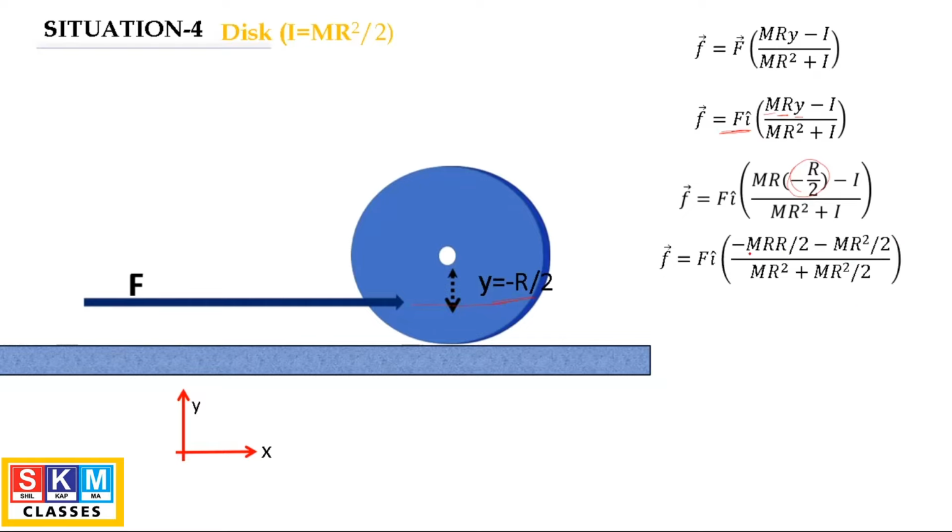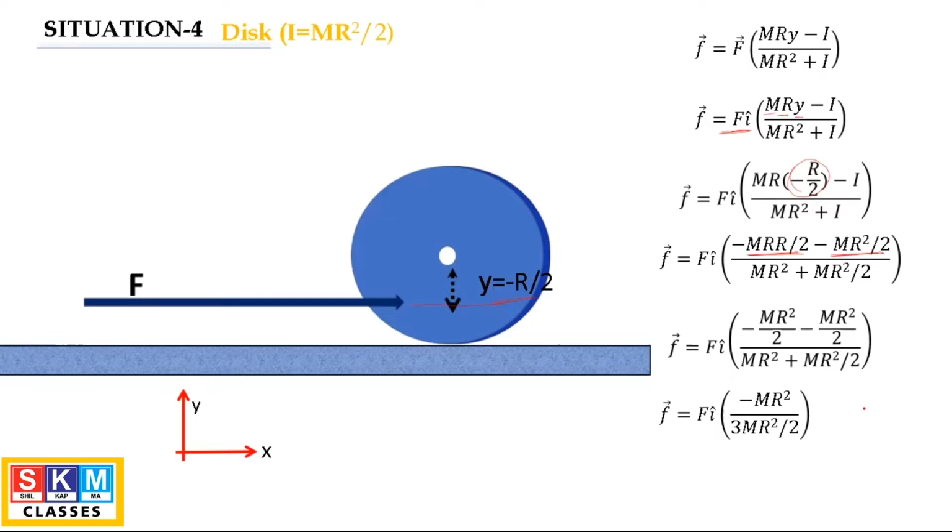So here this term will be minus mr square by 2 and I is mr square by 2. In numerator we have mr square and in denominator we have 3 by 2 mr square. Now mr square gets cancelled with mr square, and what we are getting here is 2F by 3 minus i cap. So here friction is opposite to the direction of force applied and its magnitude is 2F by 3.